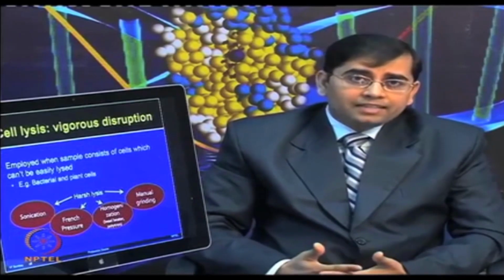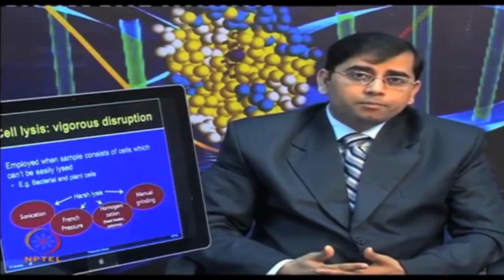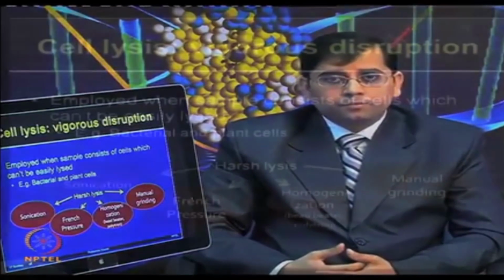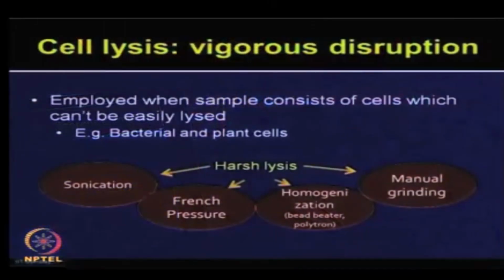Now, different types of cells impose different challenges. If the cells are very difficult to lyse, very difficult to break open, then you need to use vigorous disruption methods, such as sonication, French pressure, homogenization or manual grinding.